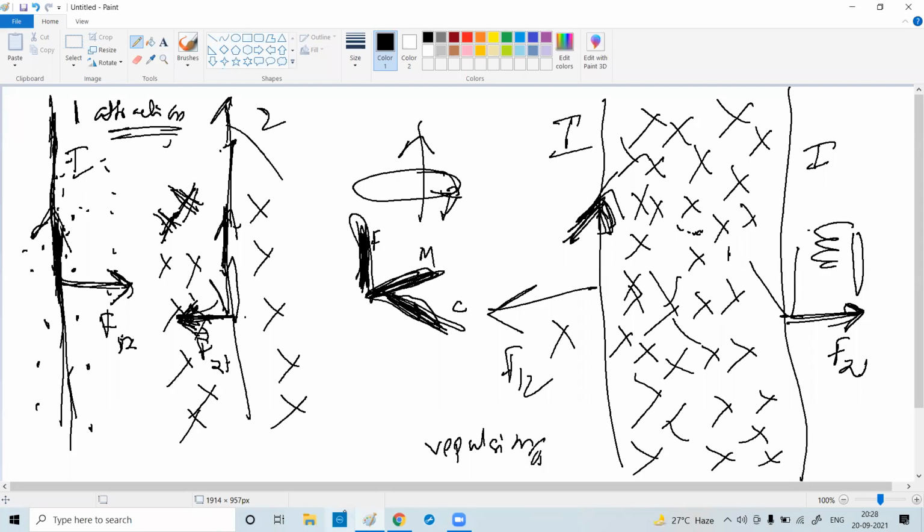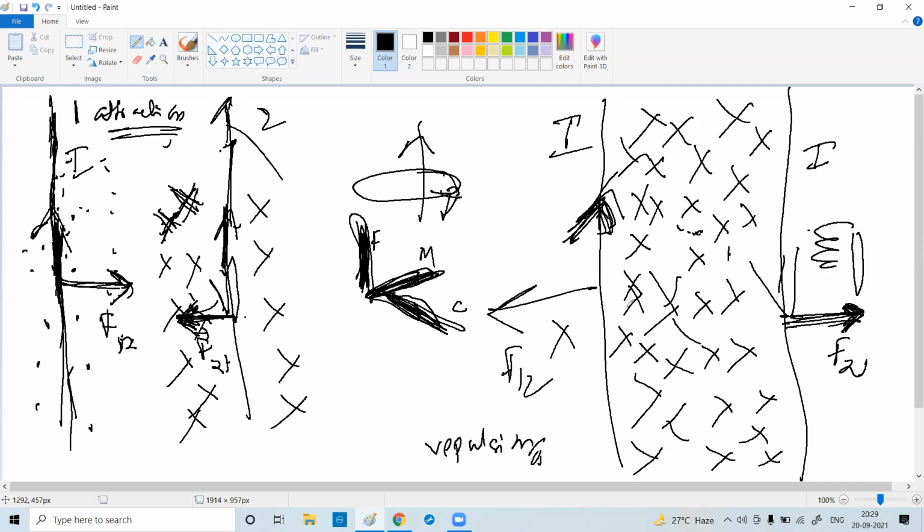Did you understand, guys? Did you understand how it is repulsion? Same Fleming's left hand rule. Apply it here: current is in the downward direction. Put your middle finger downward. The magnetic field is inside. Put your left hand, and you will see the thumb will point towards your right side.